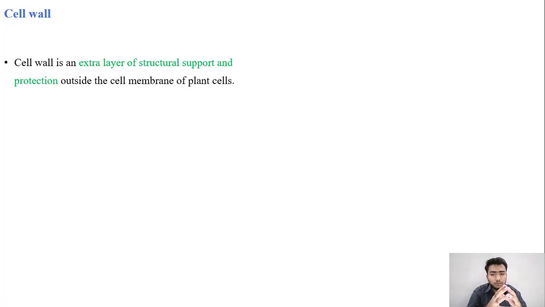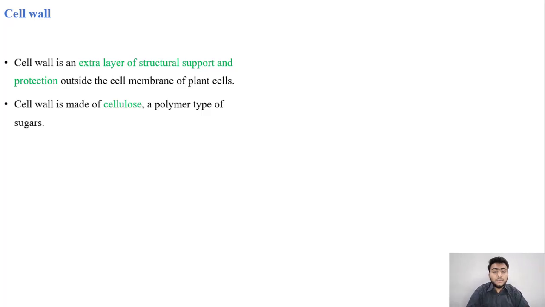Other than that, you must understand that the presence of the cell wall is what makes a plant cell bear the harsh, tough conditions of the environment. The wood, if you have seen, is quite hard, and lignin is deposited, and various other subcellular differences are also present within a plant cell as compared to an animal cell.